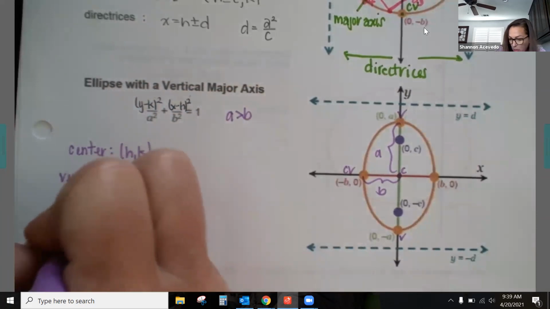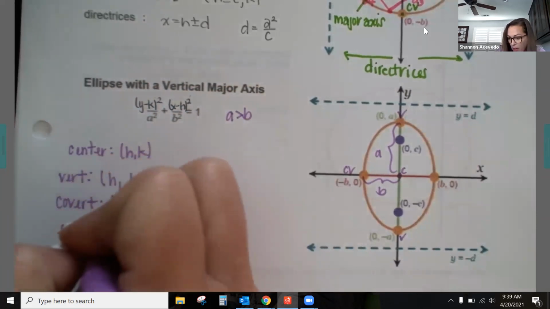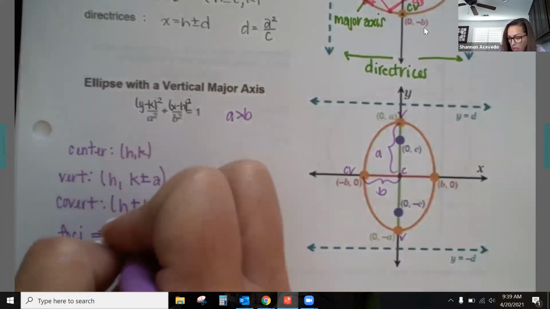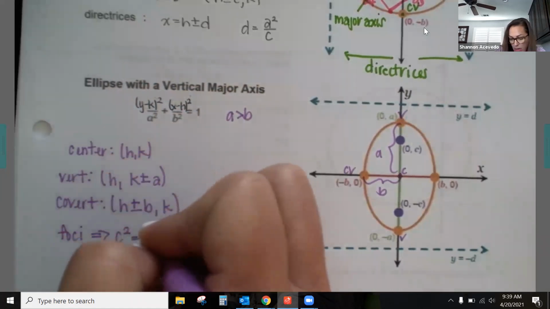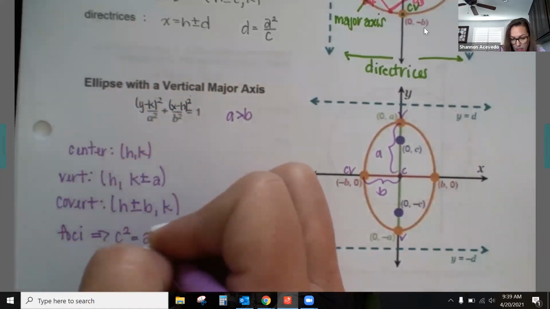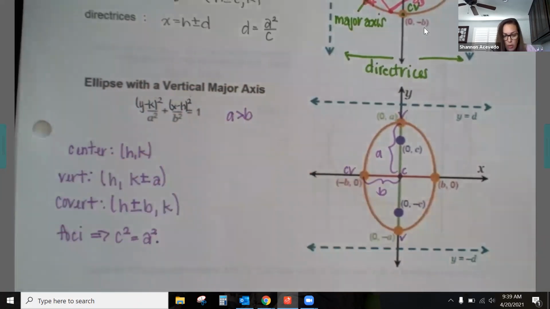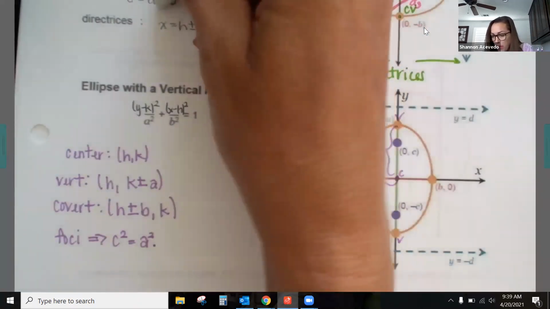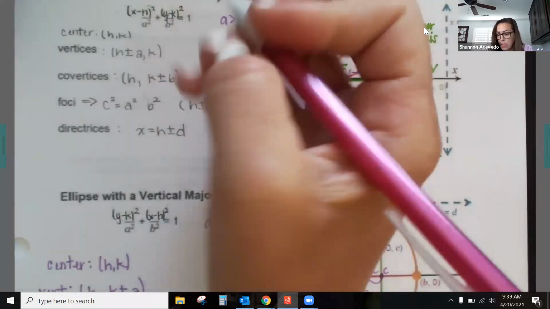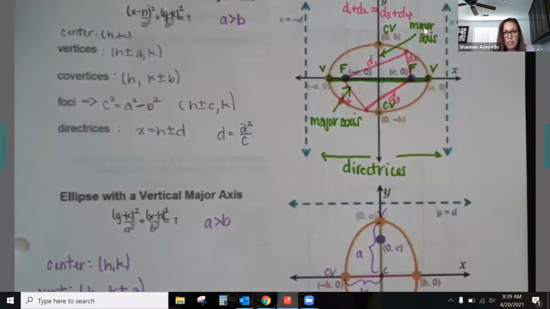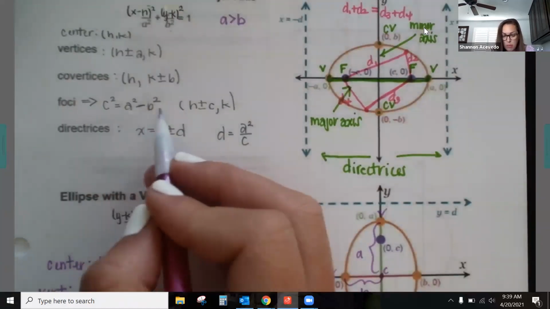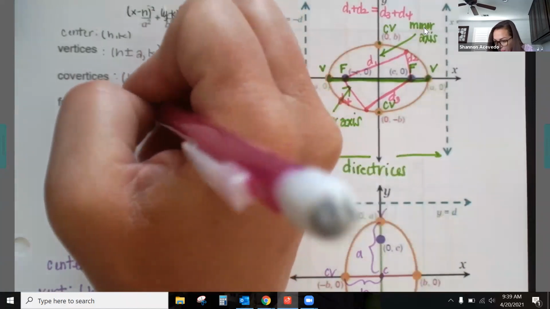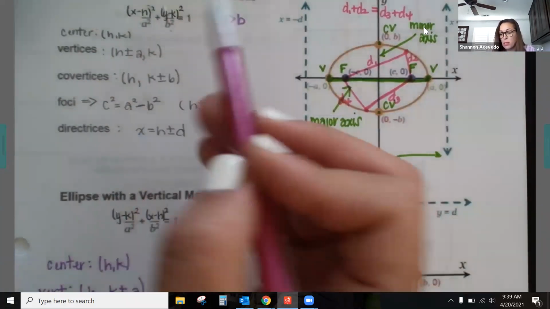My foci, remember, to get that c value, c squared is equal to a squared... You know what? I wrote plus up here. It's a minus. Major fix. a squared minus b squared.